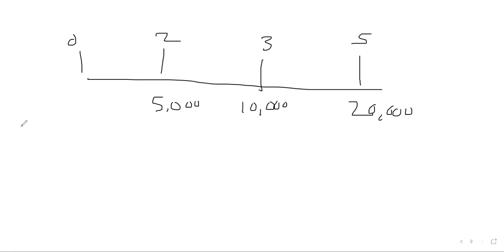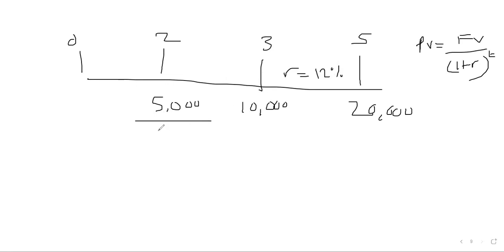So we know the present value is simply equal to what? Future value over 1 plus R per time. Here, if our interest rate is 12% annually, we're just going to divide this one by 1.12 to the power 2, 1.12 to the power 3.